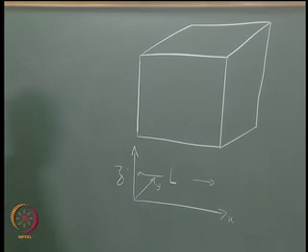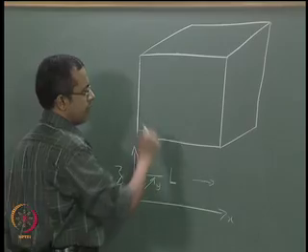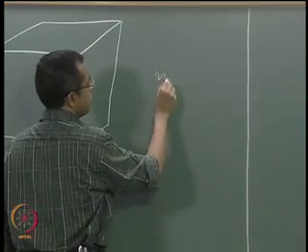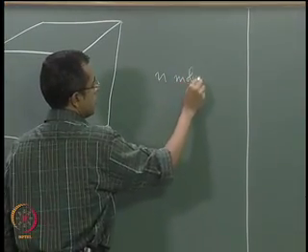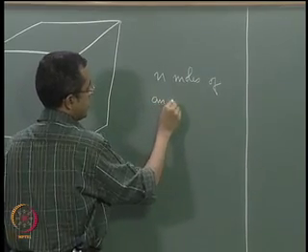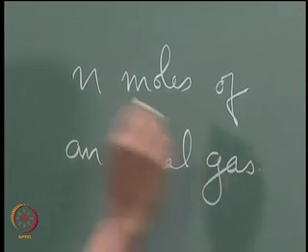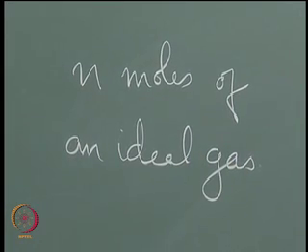Okay. So we have this x, y, z coordinate system that we are using here, and let us just say that we have n moles of an ideal gas. Okay. We have n moles of an ideal gas inside this volume.